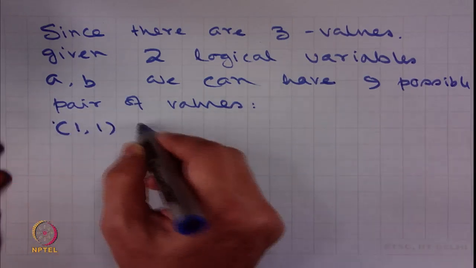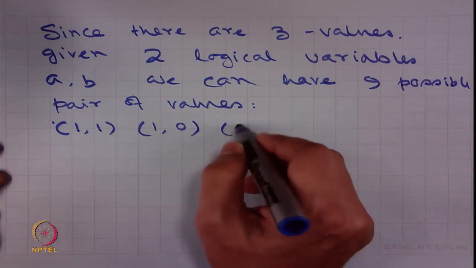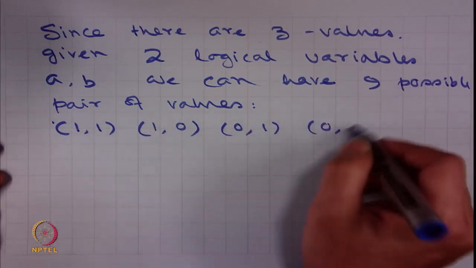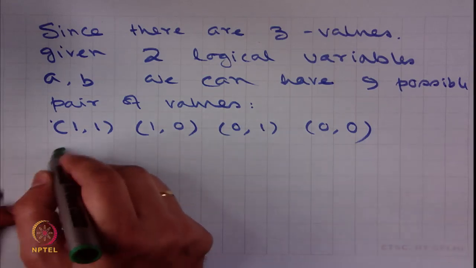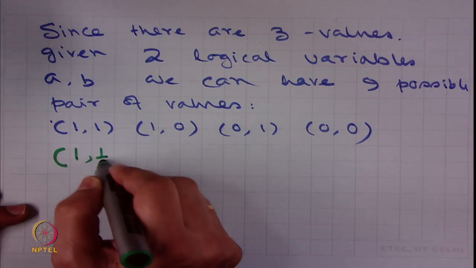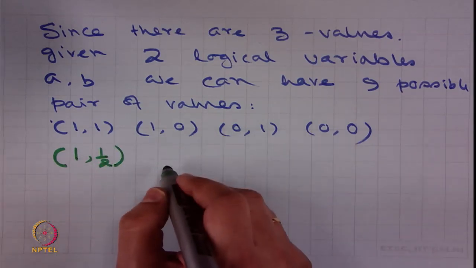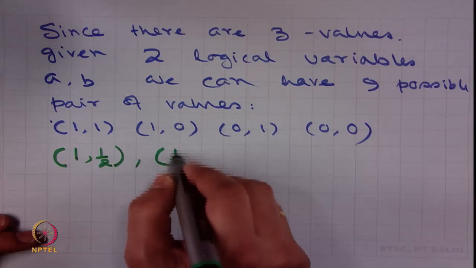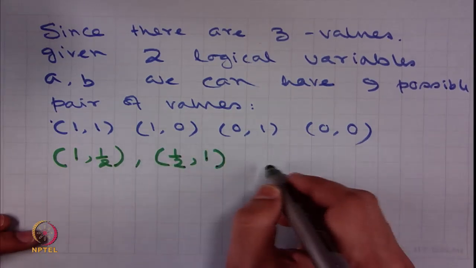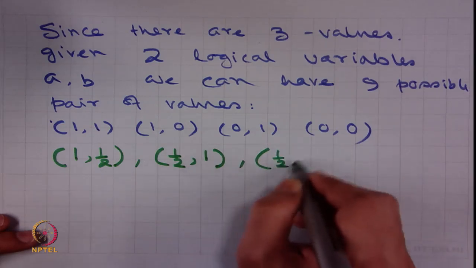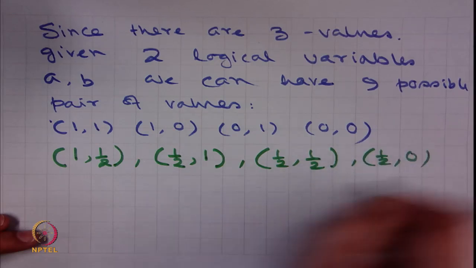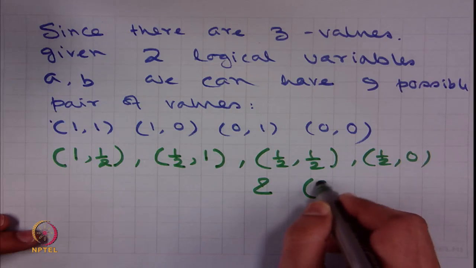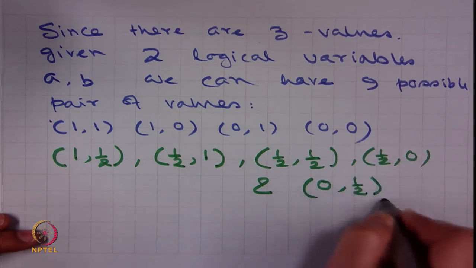One 1, 1 0, 0 1 and 0 0. These 4 we have already seen. The new 5 are 1 half, half 1, half half, half 0 and 0 half.